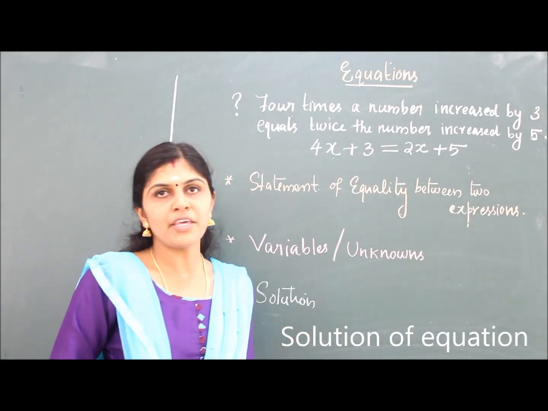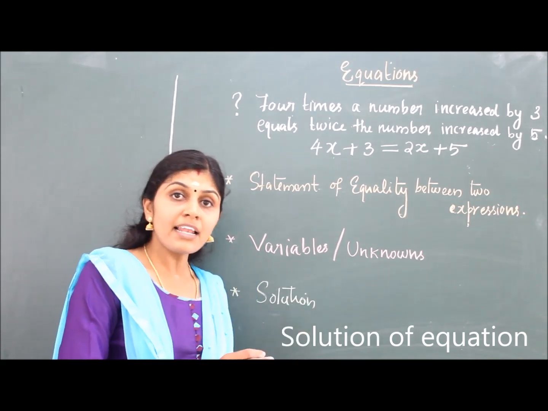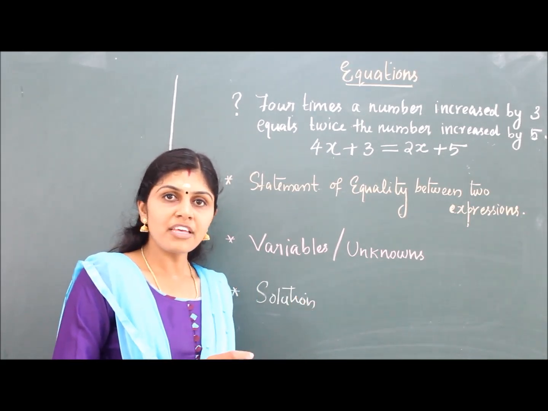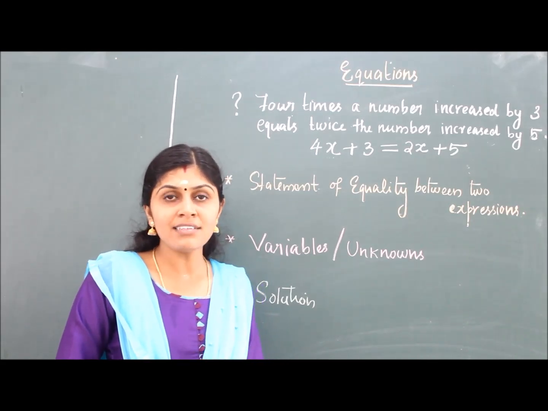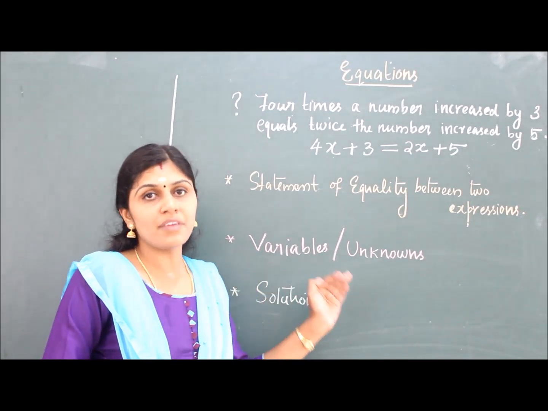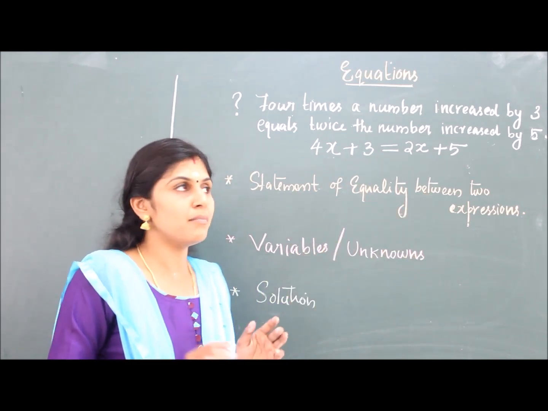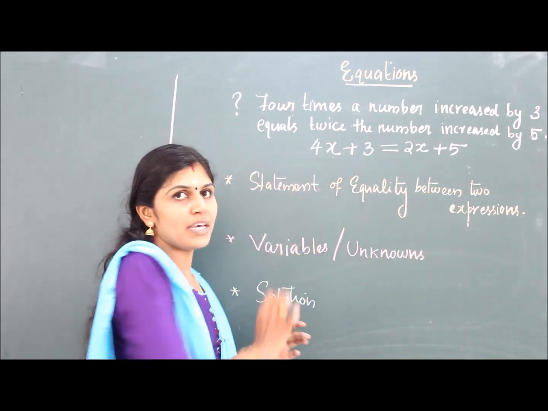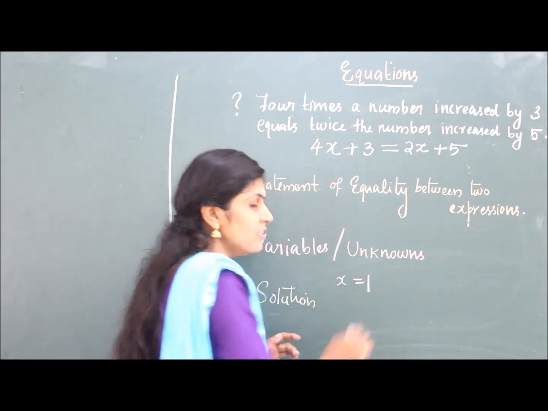Now, the solution of an equation. The solution of an equation is the value of the variable for which the given equation is true. Or we can say that it is that value of the variable which satisfies the given equation. For example, when you consider this equation, if I substitute x equal to 1, what happens?